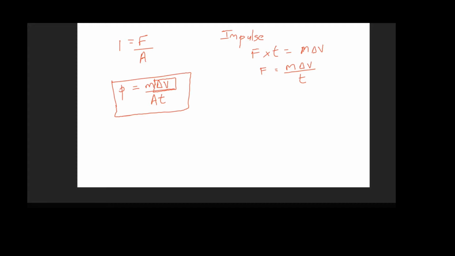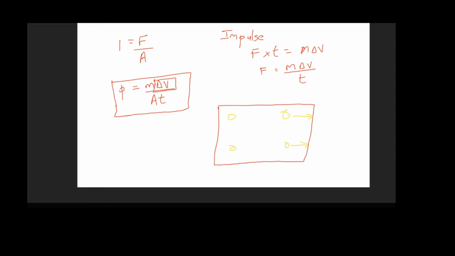So when you have a container with gas particles, if they move to the left, these two move to the left, when they hit the walls of the container, what's going to happen? They're going to rebound.